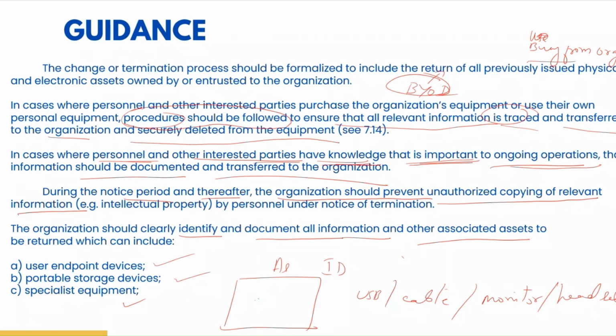And they have a mini lab at home also, where they test certain things during odd working hours. So those kinds of devices also, you have to make sure you document everything with the serial number, ask them to return, and make them aware that even this is an asset.